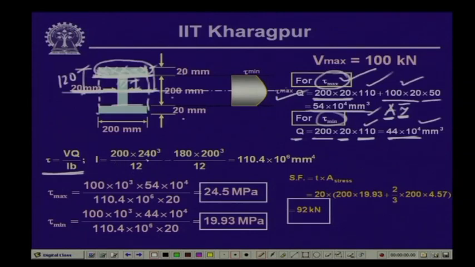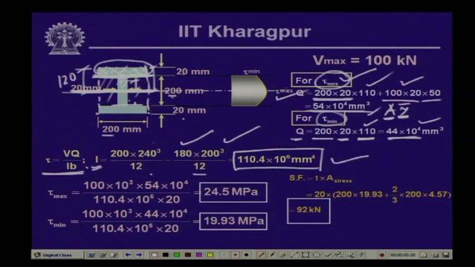So, 200 into 240 cube by 12 for the entire rectangle, minus this particular part, which is this width minus this width, 200 minus 20 equals 180, times this height, which is 200. So, 180 times 200 cube by 12. If we subtract that, we get I for this section, and this comes out to be 1110.4 into 10 to the power 6 millimeter to the power 4. So, this is the value of the moment of inertia I.